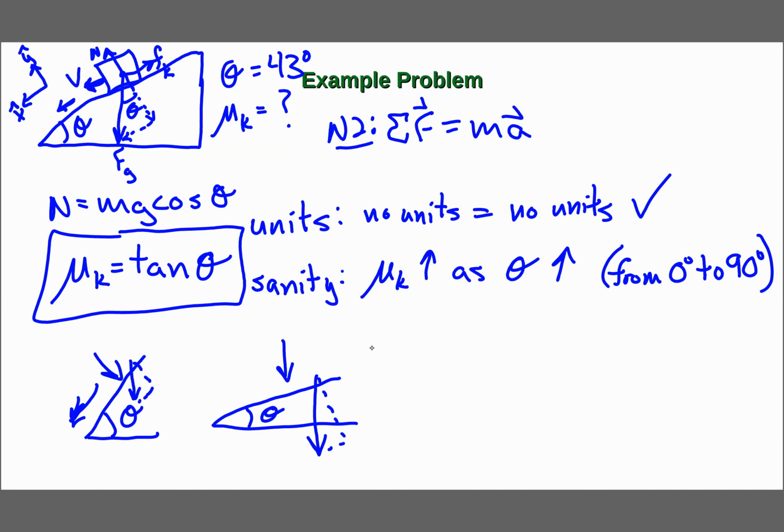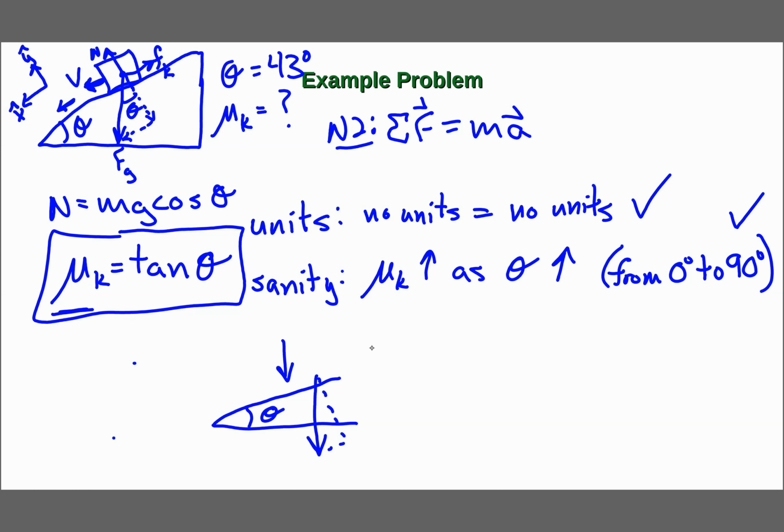Okay? So this relationship where mu sub k must be bigger if theta is bigger makes sense because to slide with a constant velocity, my force of friction, which is dependent on this mu sub k, is always going to need to balance out the force of gravity in the x direction. Okay? So that one makes sense.